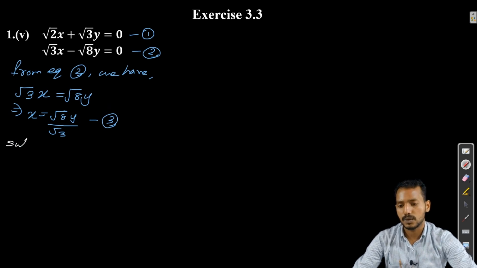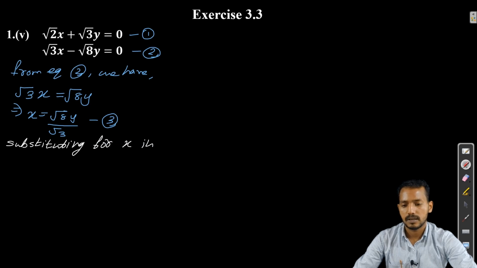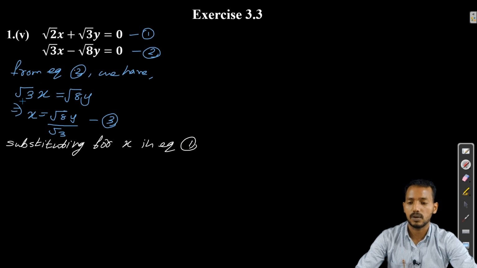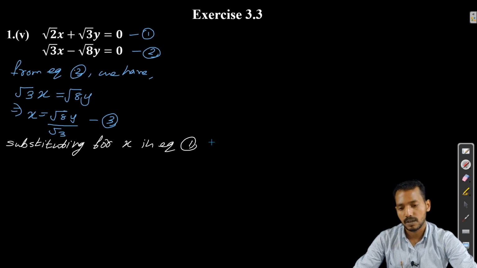So substituting for x in equation 1, because we have written the value of x from equation number 2, so we have to substitute in equation number 1 to get, what is equation number 1 here?